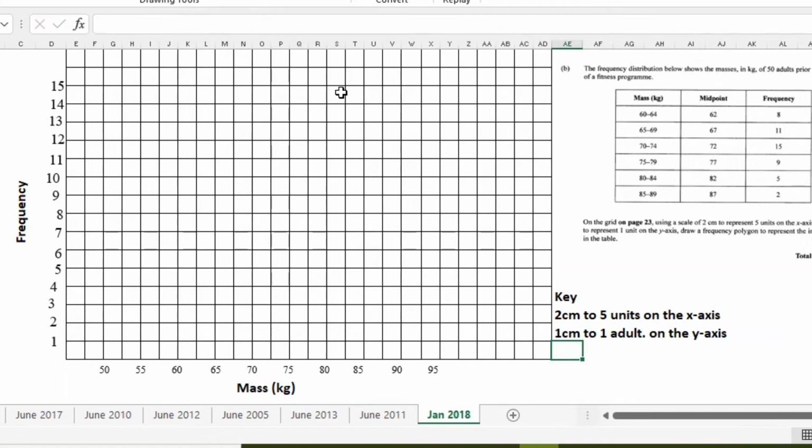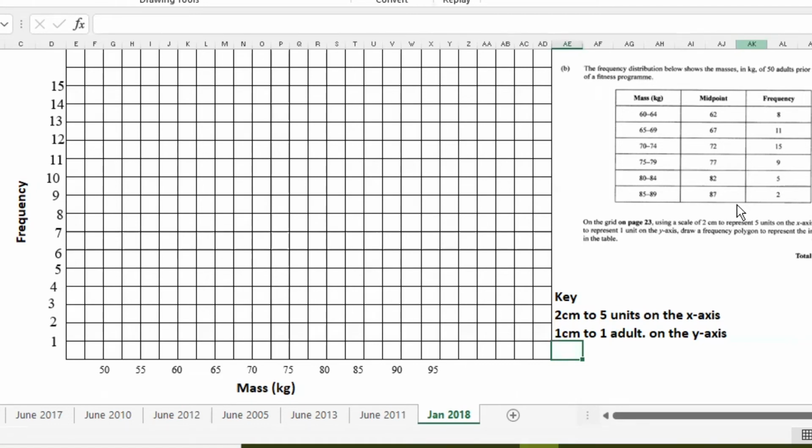So we're plotting our frequency polygon. When plotting a frequency polygon, we usually extend our polygon or line to the horizontal axis. So we estimate the midpoint that would come before the first value and the one that would come after the last value, and give those a frequency of 0, which makes our frequency polygon start and end on the horizontal axis.